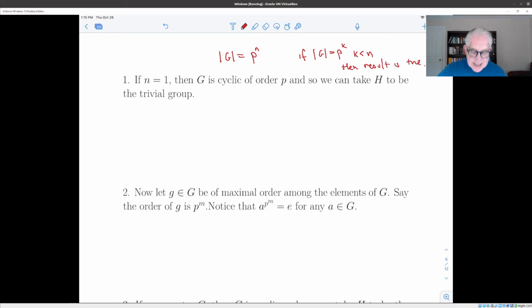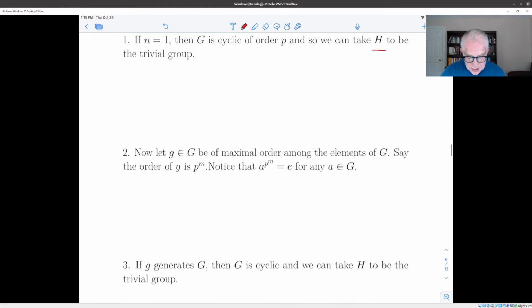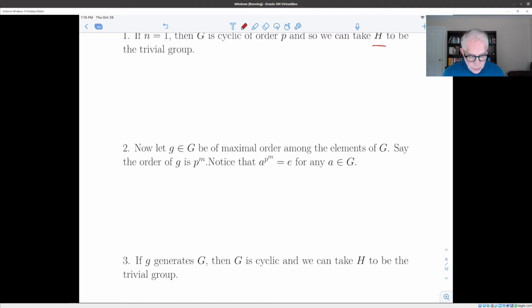So if n is 1, if the order of G is p, then G is cyclic, so we're done. And we can take H to be the trivial group. So we get our product decomposition. So now we're going to let g be of maximal order among the elements of G, and so its order is a power of p.